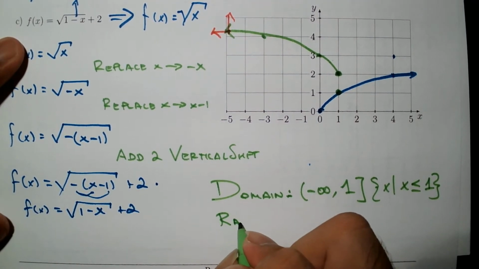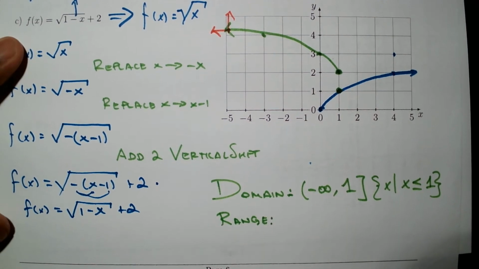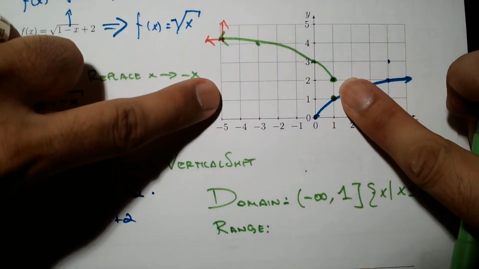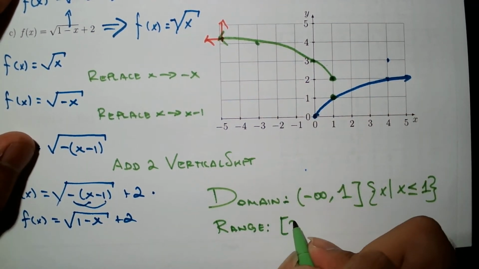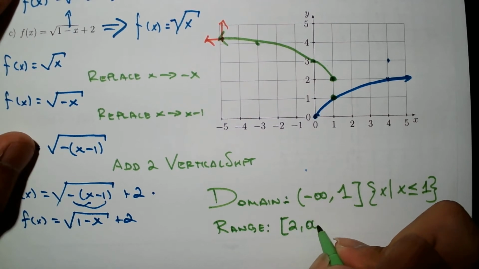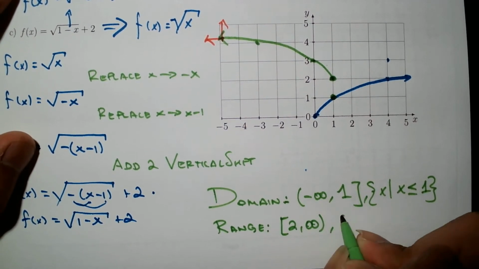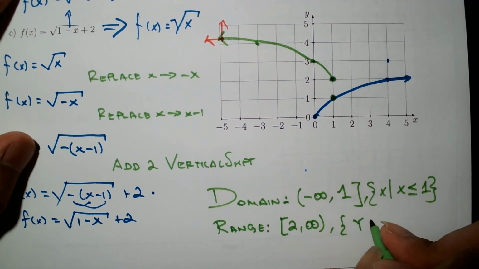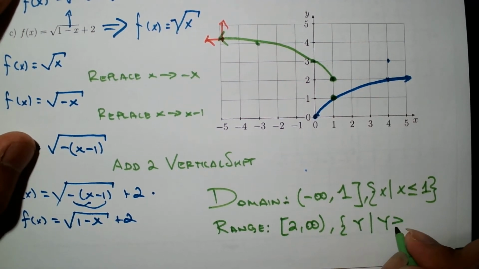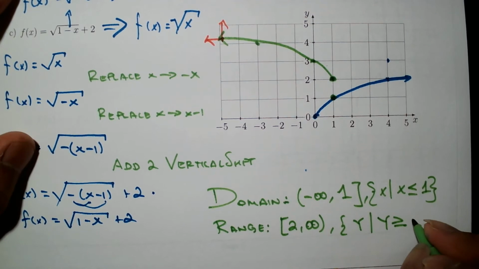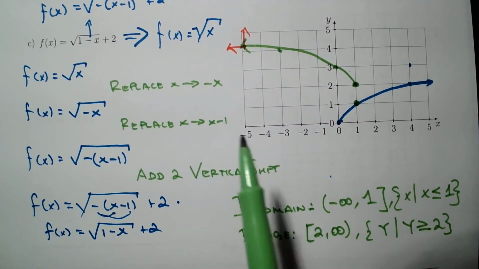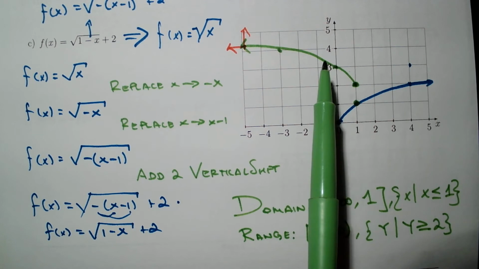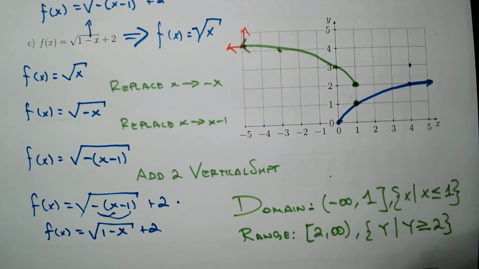For the range of the function, we scan the graph from bottom to top, and we find that the lowest value of y is 2, and it goes all the way up to positive infinity, which in set notation is y such that y is greater than or equal to 2. So those are going to be questions from the homework: do the transformations, do all the shiftings, and then find the domain and range.